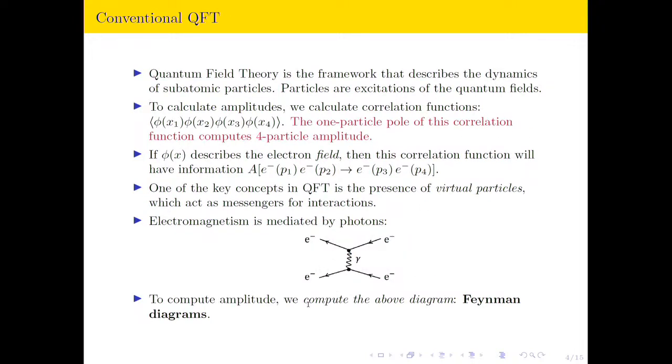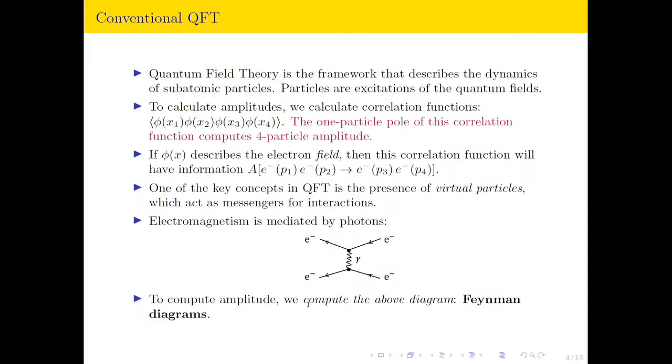So how do we calculate these scattering amplitudes? Quantum field theory is the usual way to do it, and what we do is we calculate correlation functions. In quantum field theory, particles are merely excitations of the quantum fields, okay? For instance, this phi field can be said to describe the electron field.